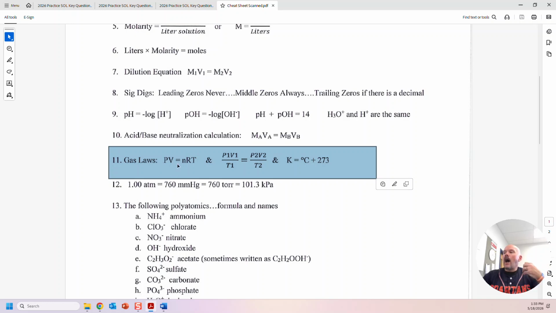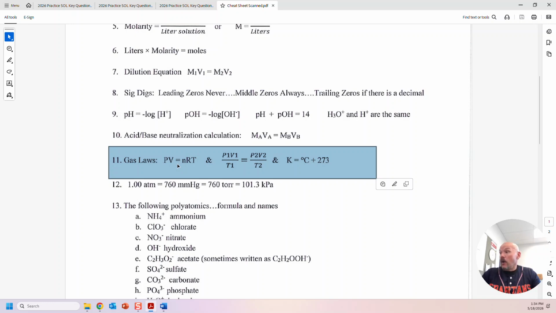Don't worry about the R values. There might be an ideal gas law question on this year's test. On previous SOLs, on the questions that they've released, I've only seen one question where they actually used the ideal gas law, and on that one time the ideal gas law showed up on the SOL, they gave you the R value in the question.